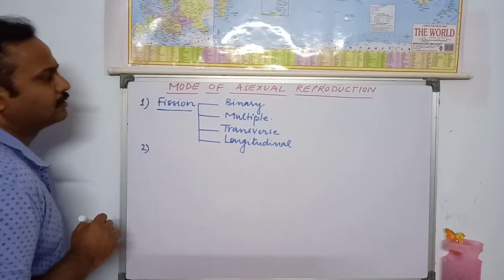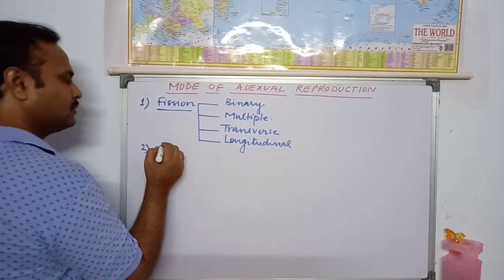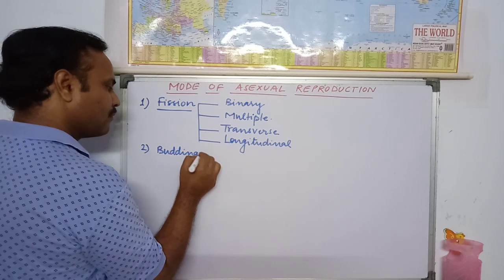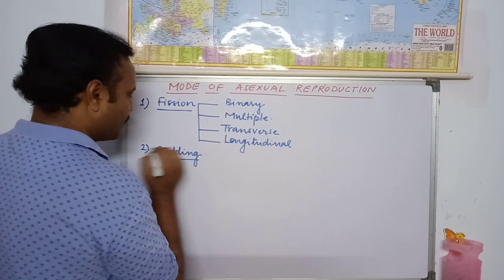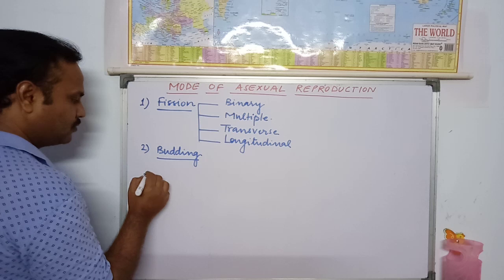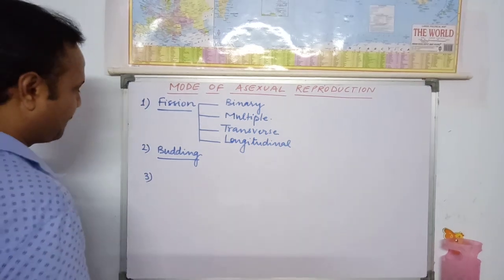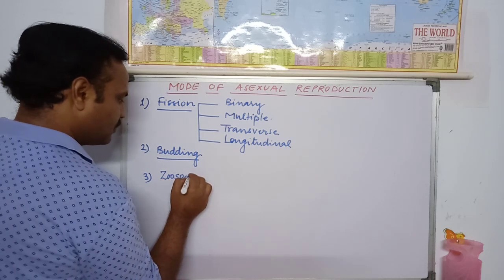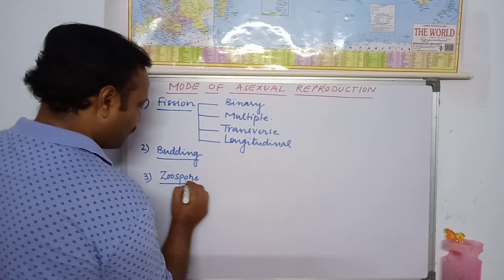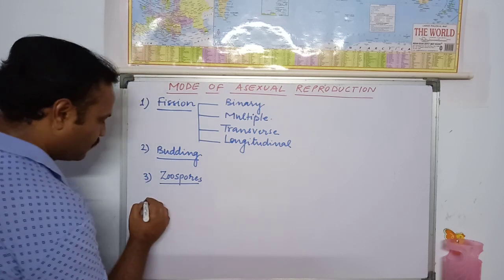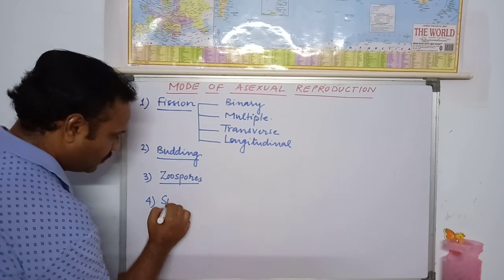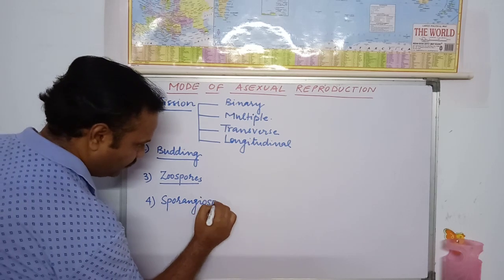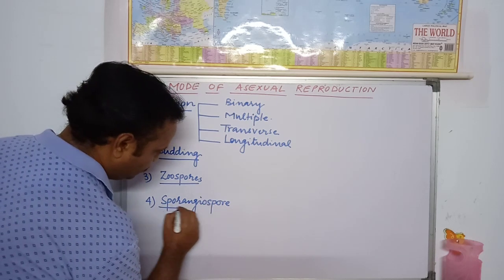Then second, we will discuss budding. Then third is zoospores. Fourth is spore.